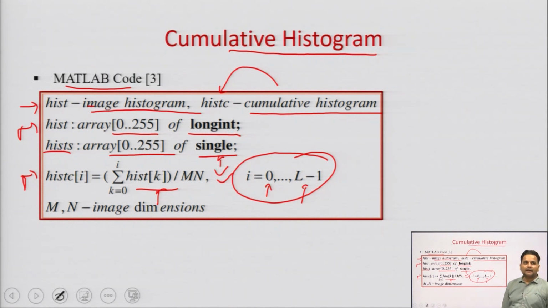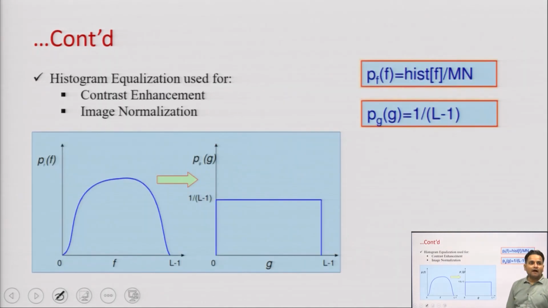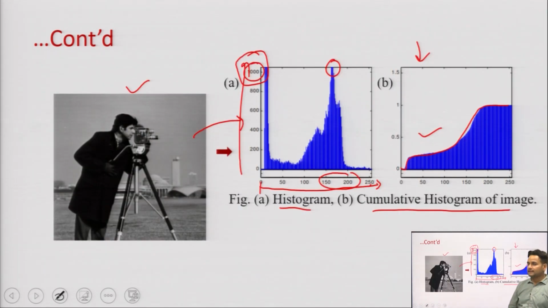That is why it is distributed in this particular manner. So, that is the diagram of the cumulative histogram, and after the cumulative histogram your image gets enhanced in this particular manner.